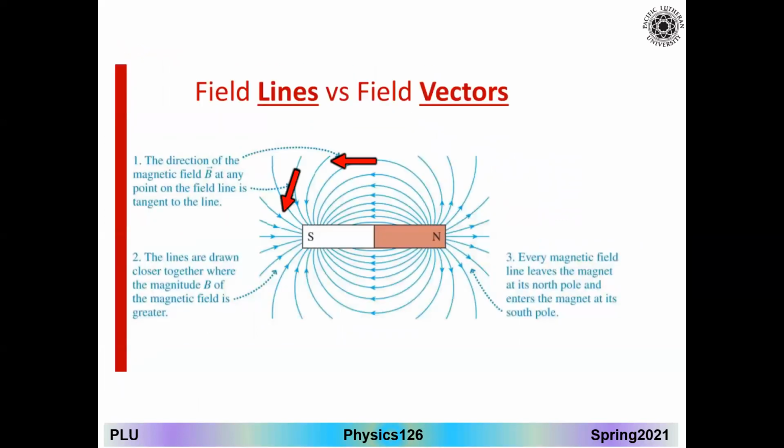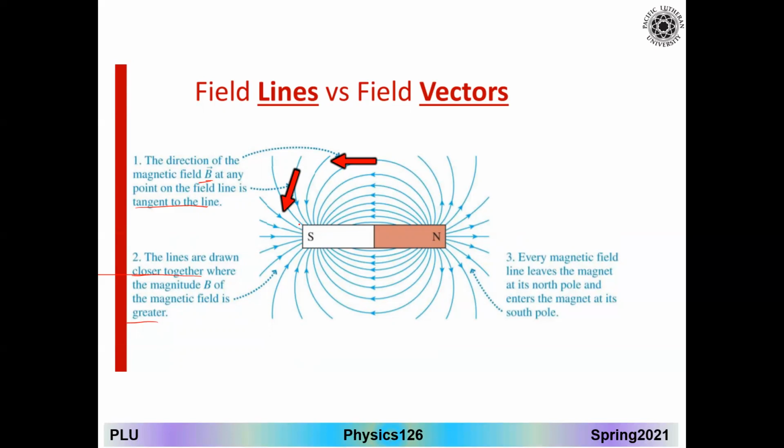And here, regarding electric field lines, because we are dealing with a vector, there are three points for that. The electric field line direction is always tangent to the line of the field. The second point: as in the electric field, when we have magnetic field lines close to each other, that indicates the magnetic field is large.